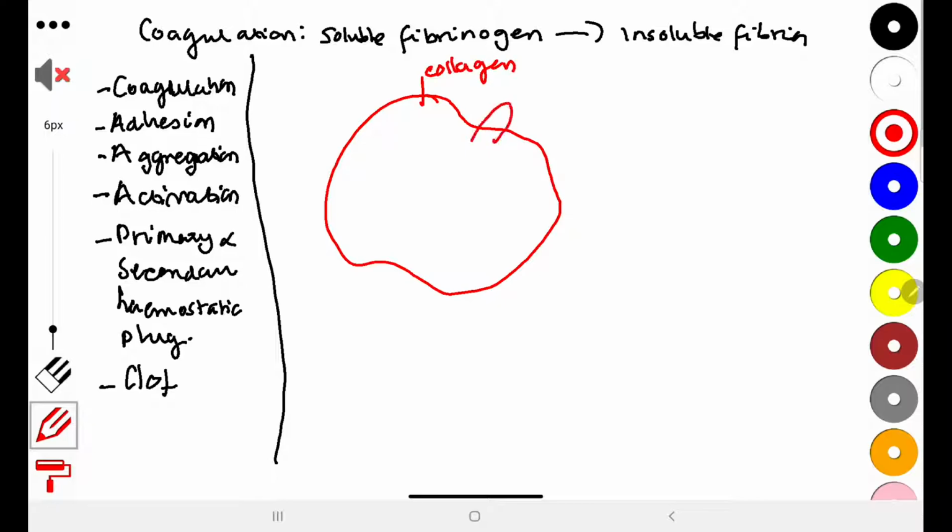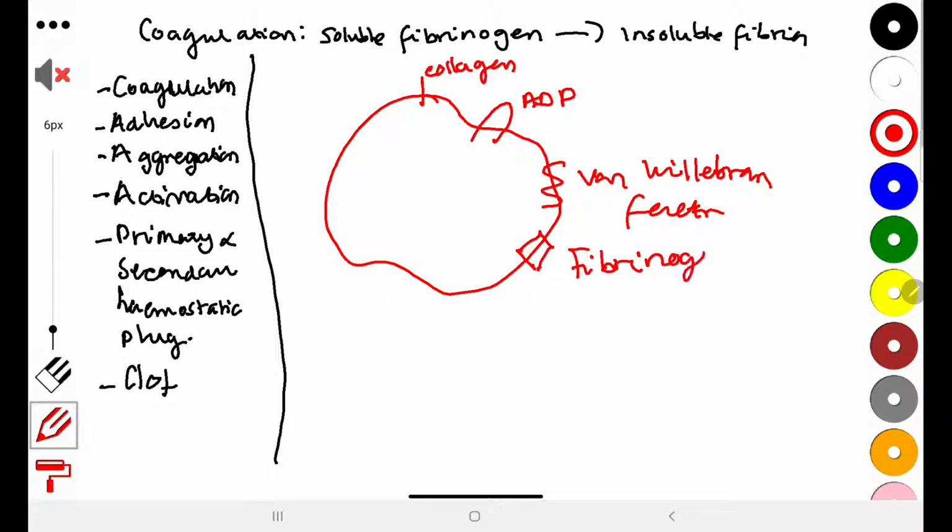We also have an ADP receptor, and then we have a von Willebrand factor receptor, and then we have fibrinogen receptors.